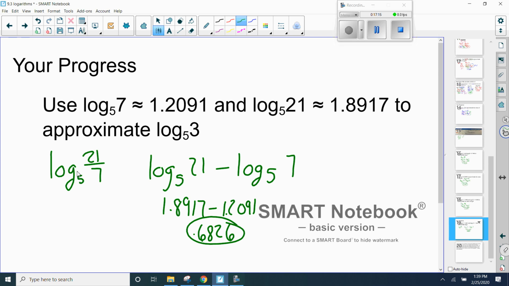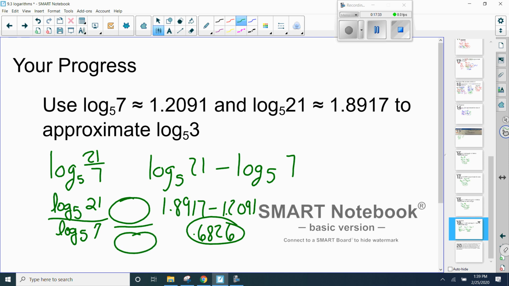The base is 5. If I ask you the log base 5 of 21 and the log base 5 of 7, you're going to get some value here and you don't know what it is. And you're going to get a value here and you don't know what it is, but those two values are saying 5 to what power?